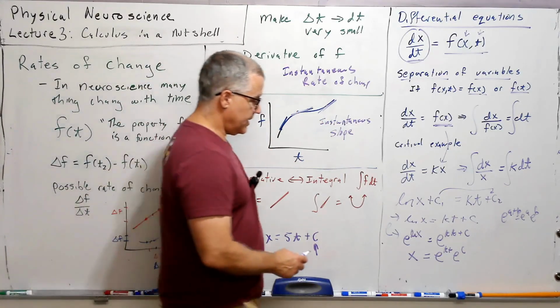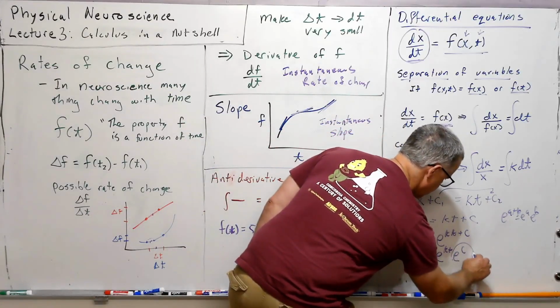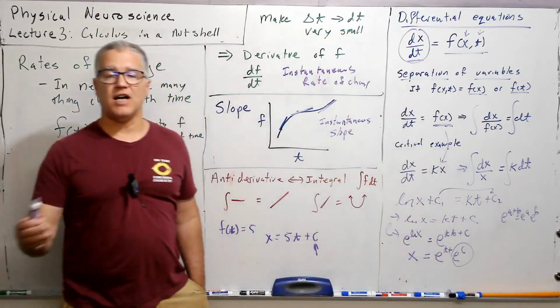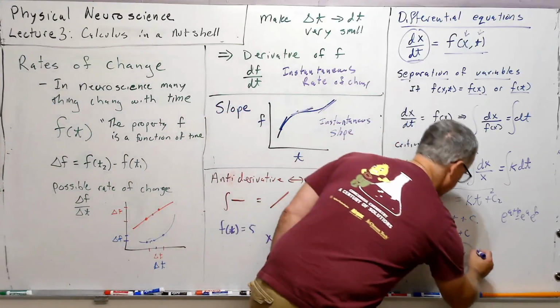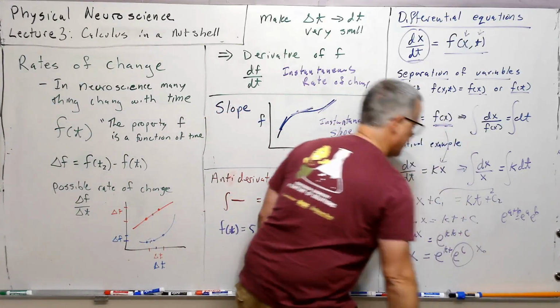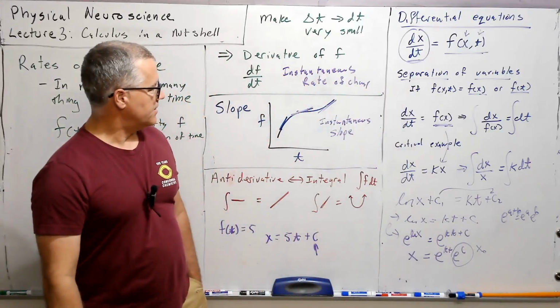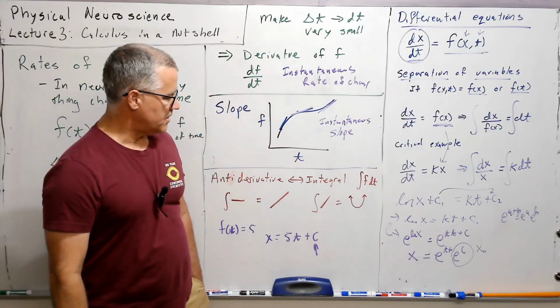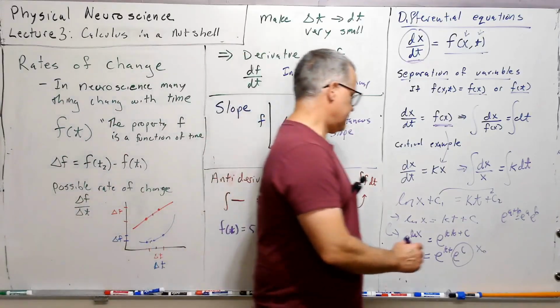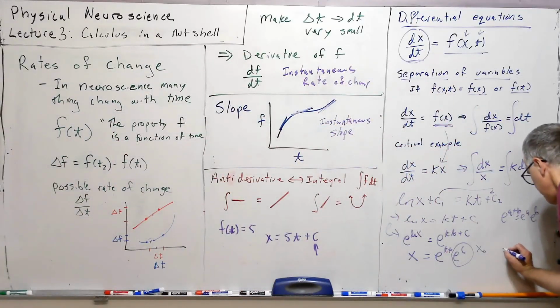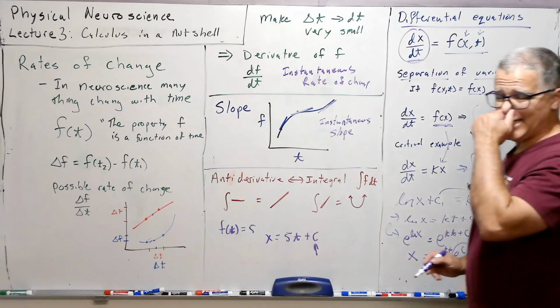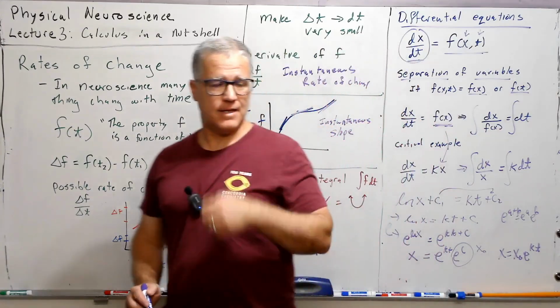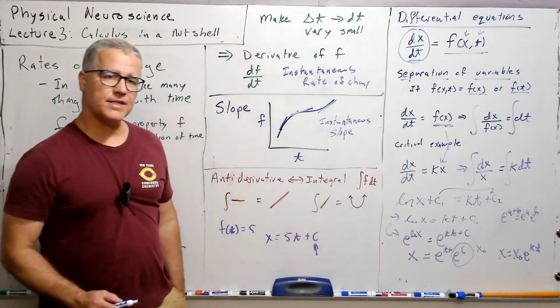Well, let's go ahead and call this, that's just e to some constant, which itself is a constant. So let's just call this x naught. That's just some constant that we have there. So then we have an exponential function times a constant.